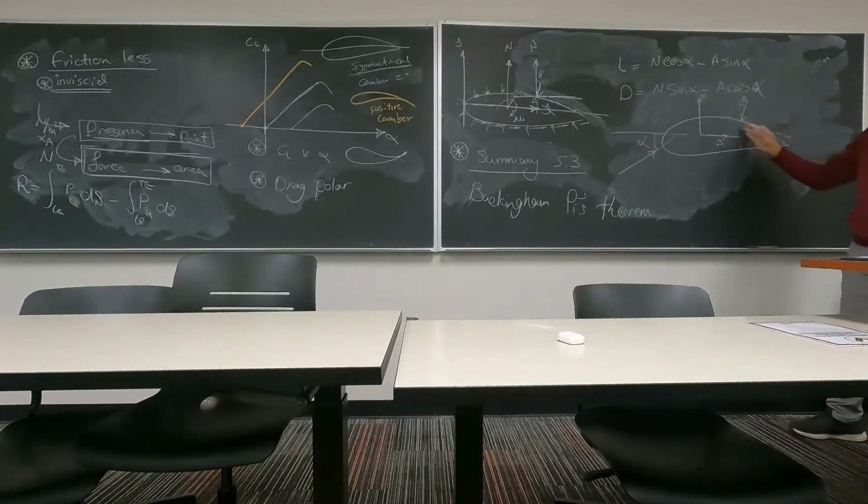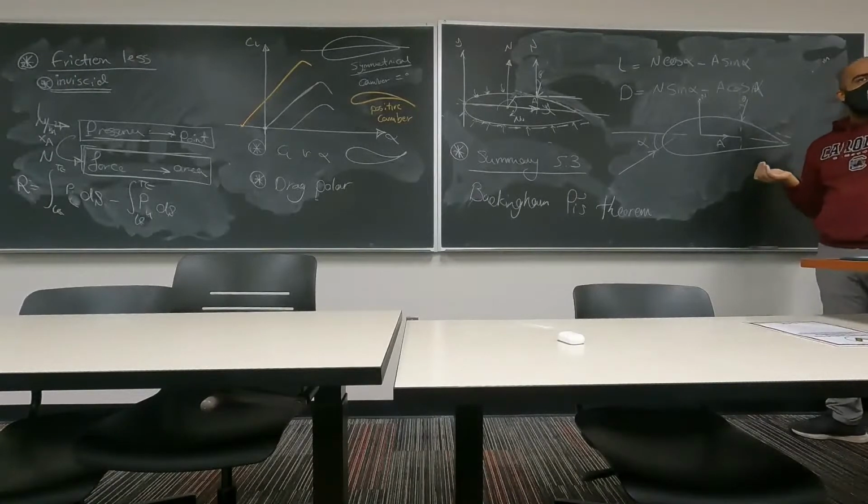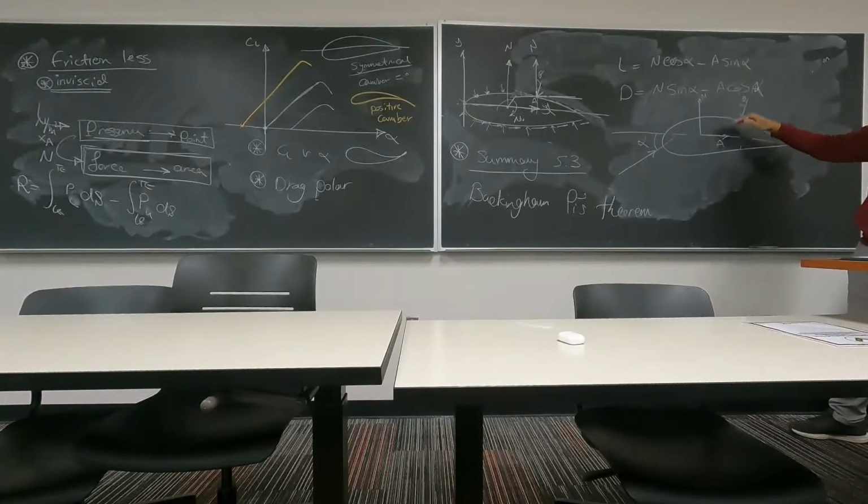You can calculate this from your design. This is something that you assign. You should be able to calculate this theta based on the curvature of each part of the airfoil.